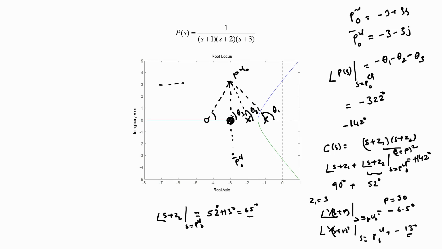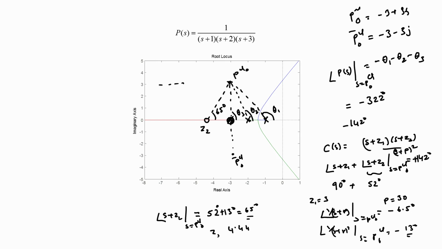If I choose this to be the angle of S plus Z2, then the angle of S plus Z2 plus S plus Z1 is going to be equal to 142 plus 13 degrees, which is 155 degrees, and with that I will be able to get the net angle at the point PCL naught to be equal to minus 180 degrees. So from trigonometry I can find out that location Z2 at which this angle is going to be equal to 65 degrees, and I find that to be equal to 4.44.